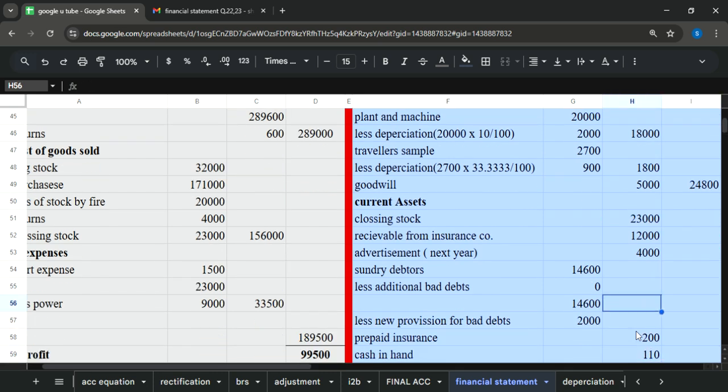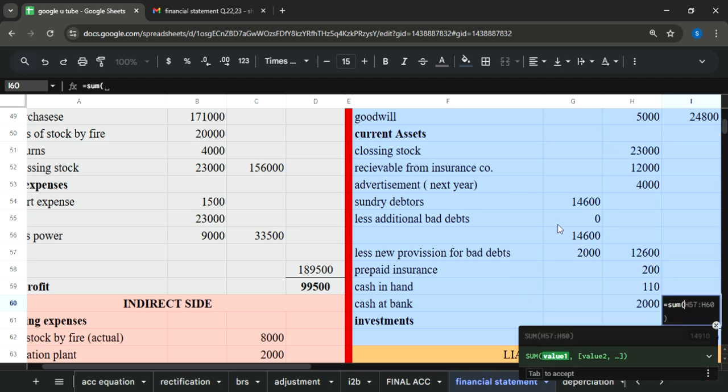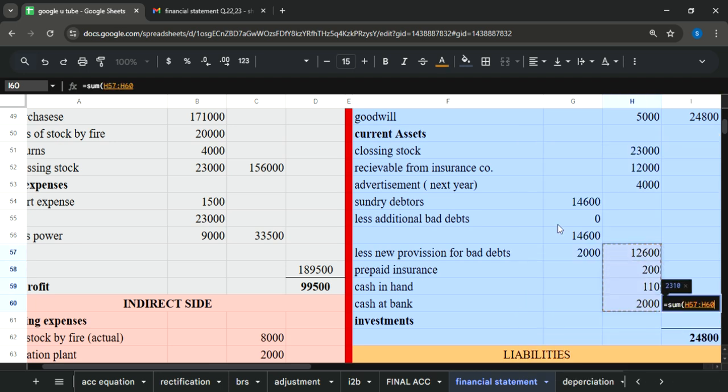Now we will see current assets. Here you can see sundry debtors, there were no additional bad debts, so the same amount would come over here. Then less new provision of 2000, calculation completed, and there is no other calculation. So finally you can take the sum of all current assets, and here you have taken the sum.